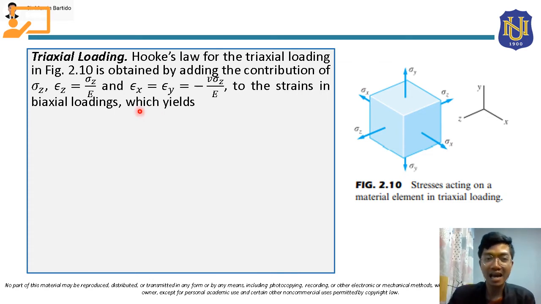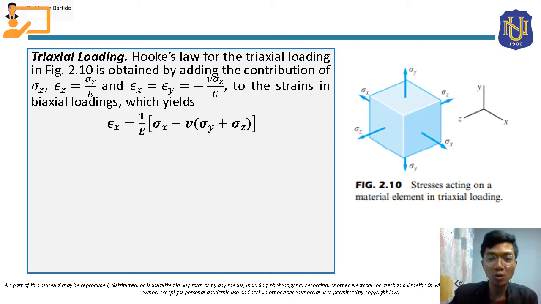So we will just add this epsilon z, and then the epsilon x and epsilon y. Let's say for epsilon x, from the biaxial loading, the original formula there is 1 over E times sigma x minus v times sigma y.